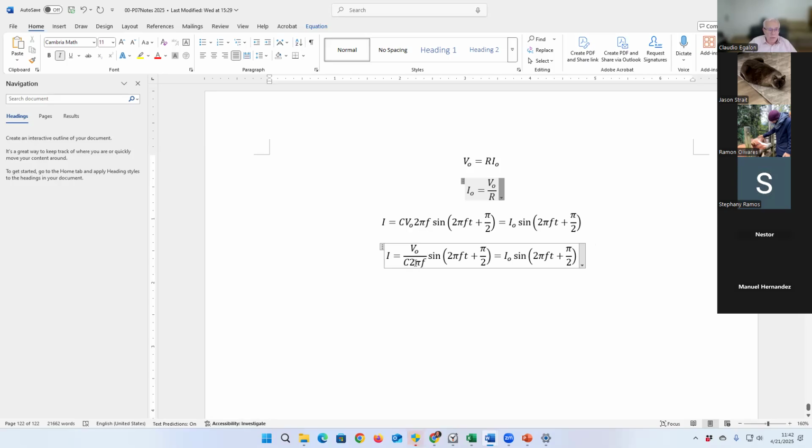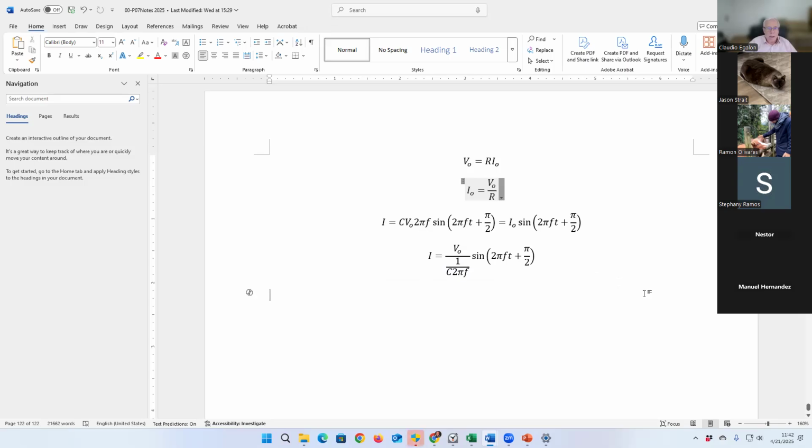This equation is not the same as this one, right? But I can rewrite that as being 1 divided by that. That would be the same, right? Here you go.